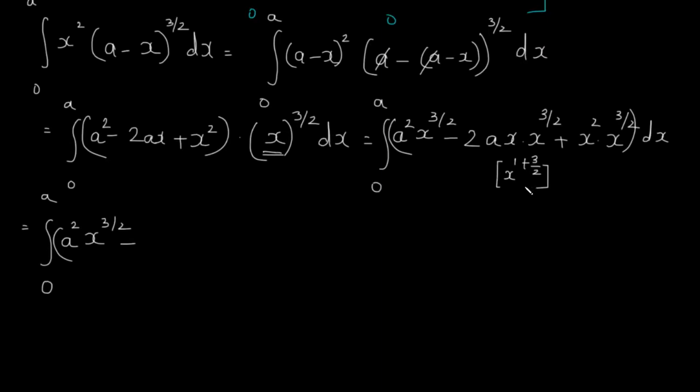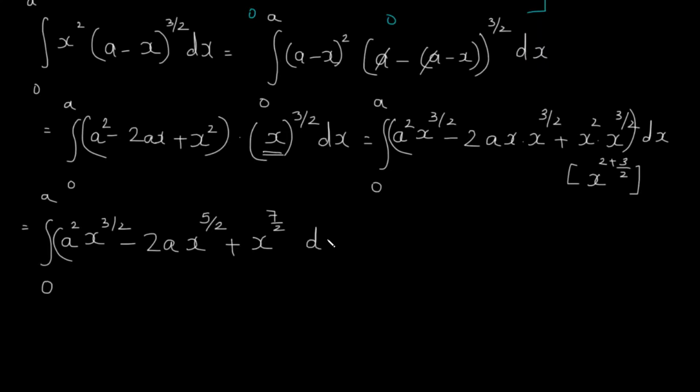So we get 2a x raised to 5 by 2. Similarly, in the third term, x squared into x raised to 3 by 2 gives x raised to 2 plus 3 by 2, and cross multiplying we get x raised to 7 by 2, dx.